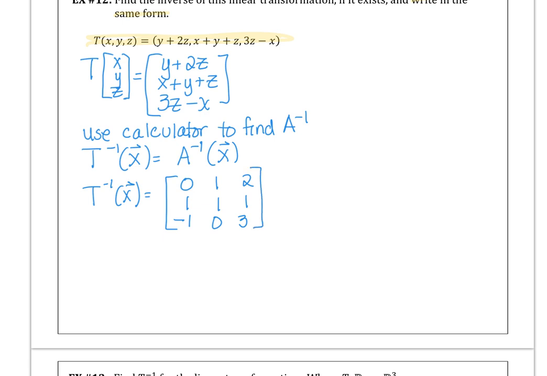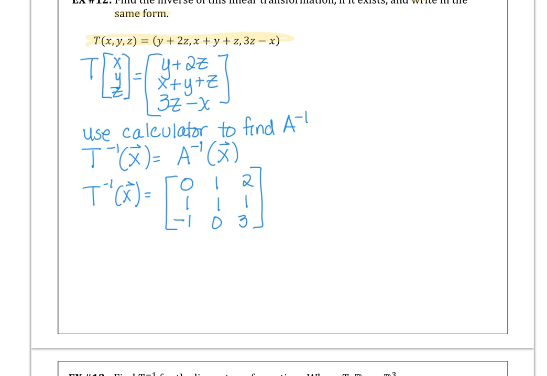And I'm taking that from this information back here. X is 0, Y is 1, Z is 2, X is 1, Y is 1, Z is 1. X is -1, there's no Y, and Z is 3.